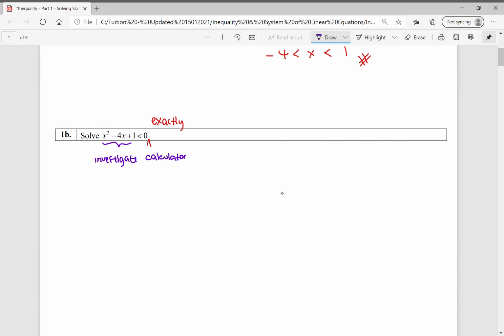When you investigate with your calculator, you will be able to see whether the roots are whole numbers, decimal points, or even imaginary roots.